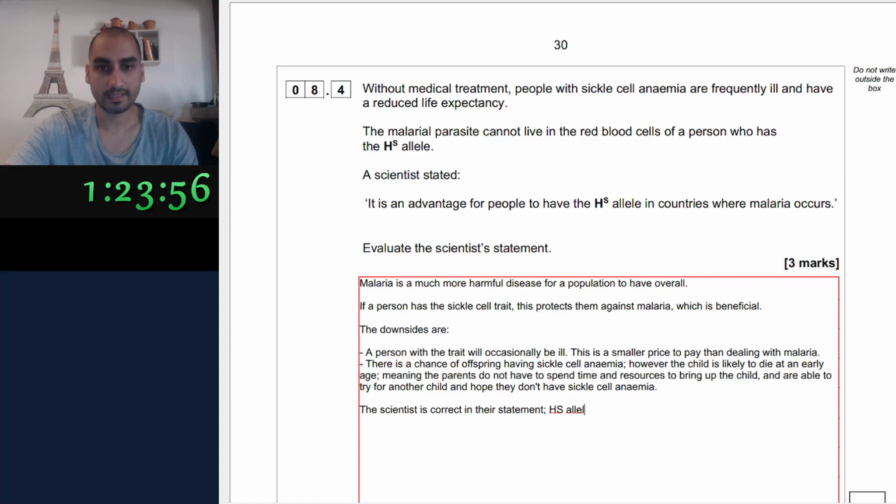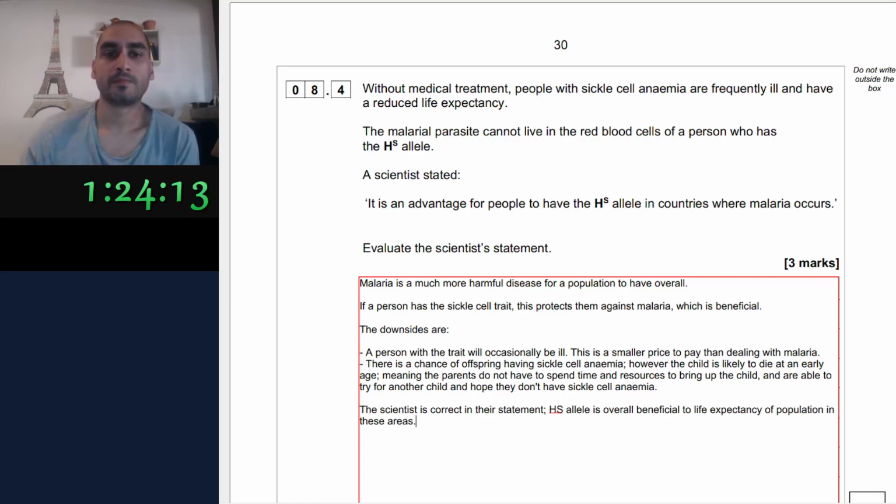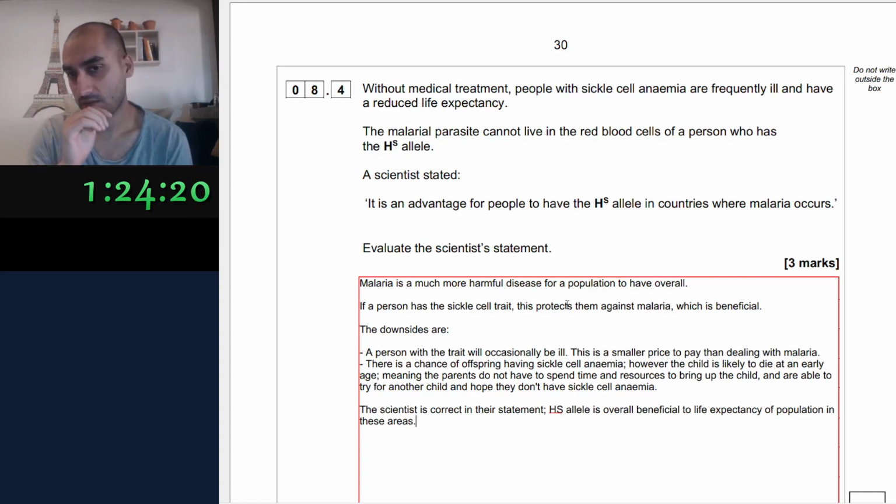HS allele is overall beneficial to life expectancy of population in these areas. Because malaria is a bigger killer, and also people face the risk of catching malaria multiple times. So you can't just catch it once and then survive.